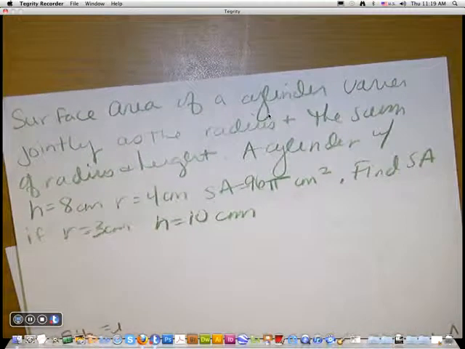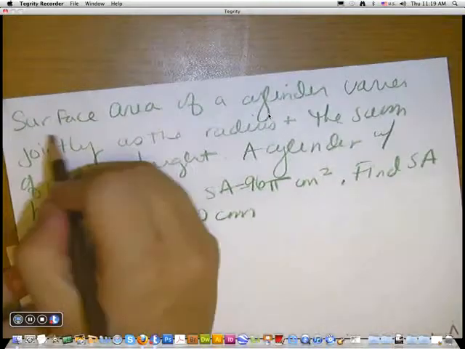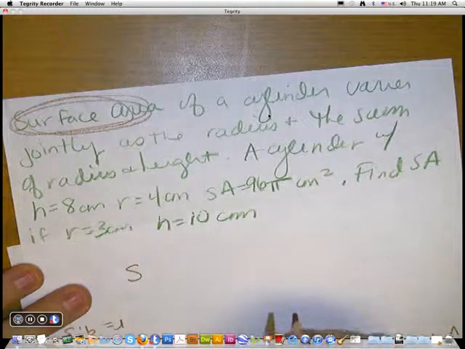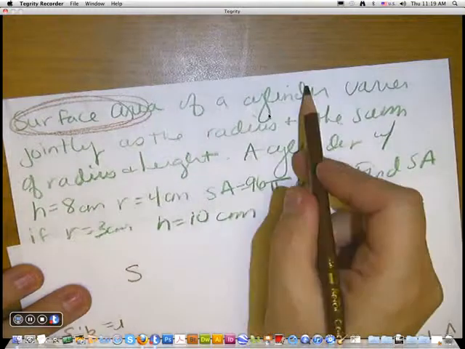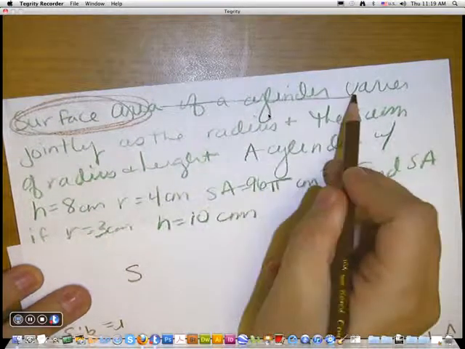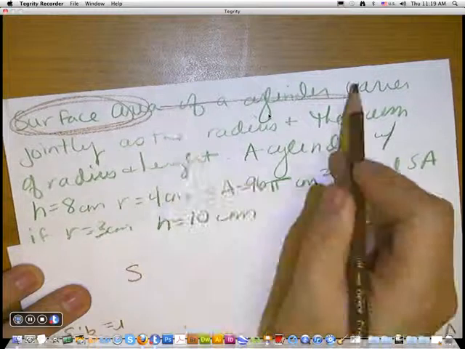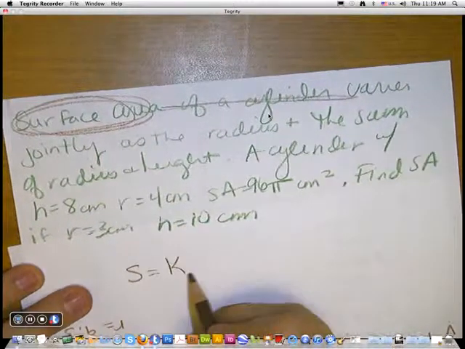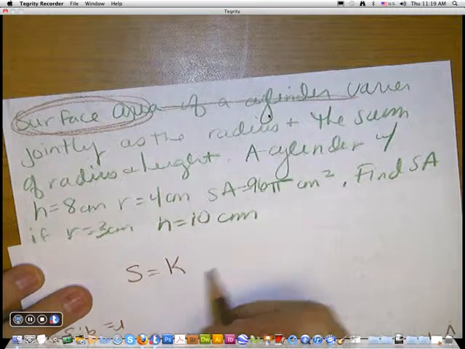So simplify everything down. First of all, come up with the formula. Surface area of a cylinder. Well, those are just extra words that complete a sentence. Varies jointly tells me I'm going to have equals K and 2 more pieces.